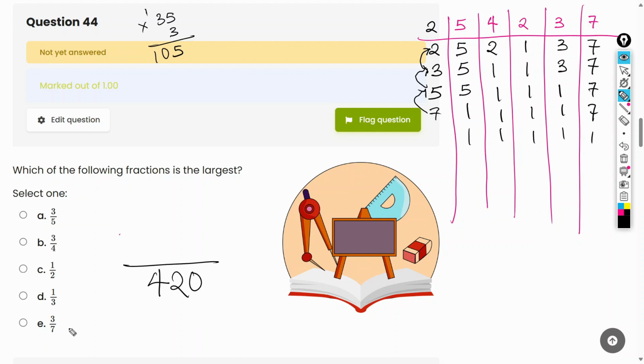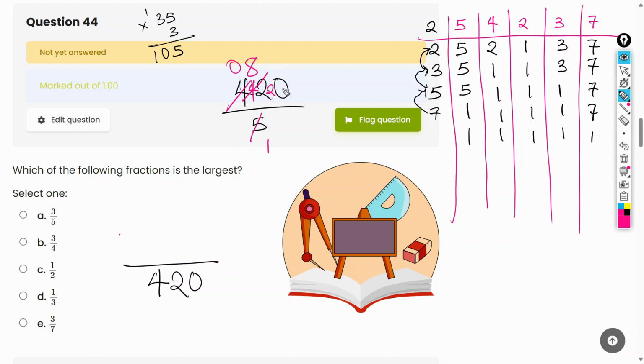Now, let's compare each of these by dividing 420 by the denominators and then multiplying by the numerator. So let's start with 5. 420 divided by 5. 5 into 5 is 1. 5 into 4 cannot go, 0 carry 4. 5 into 42 is 8.